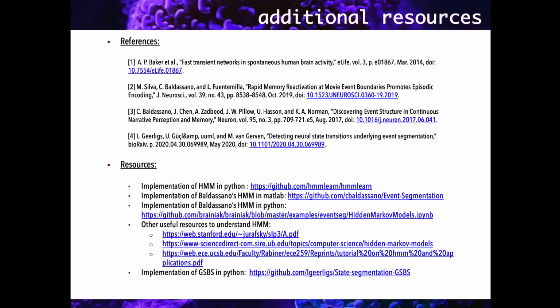Finally, here you can find references for the papers that I've mentioned throughout the lecture. I've also left you some resources if you want to go through the implementation of hidden Markov models, with some options in Python and MATLAB, and other resources if you want to go deeper into the maths behind Markov models, as I didn't have time to show all the mathematical derivations of the formulas.